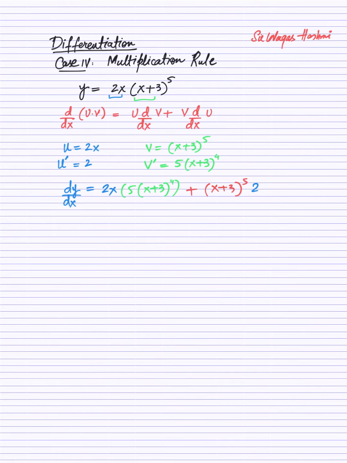So that is the working formula of u into v, and now we need to simplify.